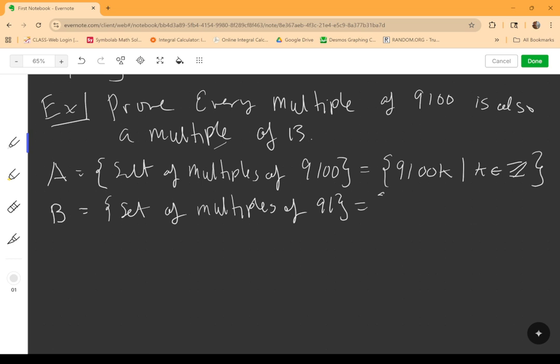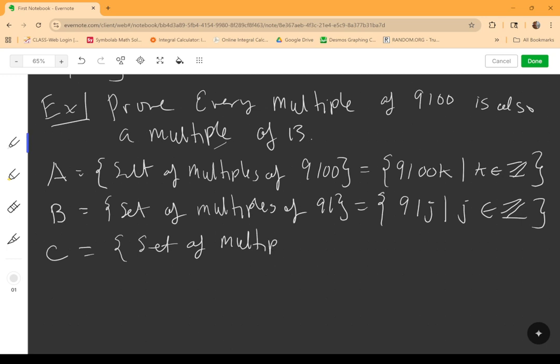What that means is that I can write B as 91J, where J is an element of Z. And then C here is the set of multiples of 13. In other words, I can write this as 13L, such that L is an element of Z.